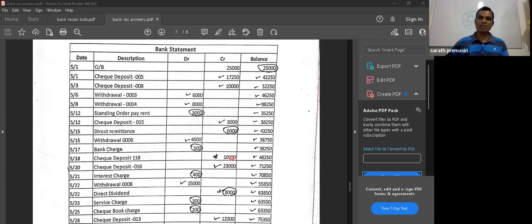A mistake or an error committed either by the bank or by the business. If 10,000 is correct, it is a mistake done by the cashier of our business. If 12,000 is correct, it is an error done by the bankers.